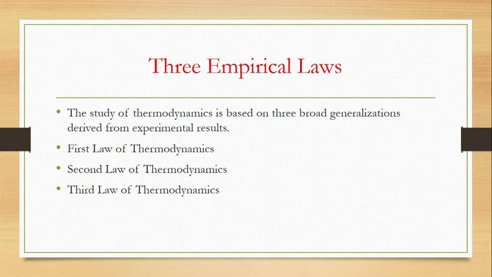These three empirical laws will be discussed in detail when we cover some basic concepts of thermodynamics. First, we have to discuss some of the basic concepts, some of the scope, limitation. Then we will discuss some of the basic concepts. Then we will consider these laws after that.